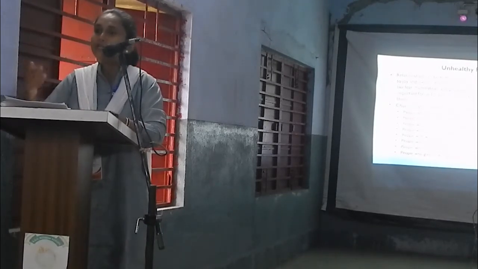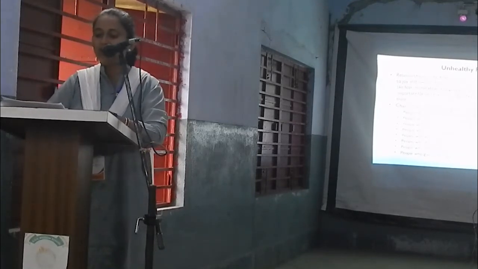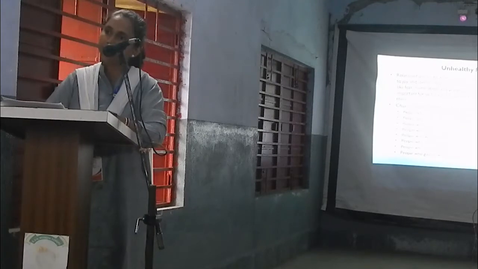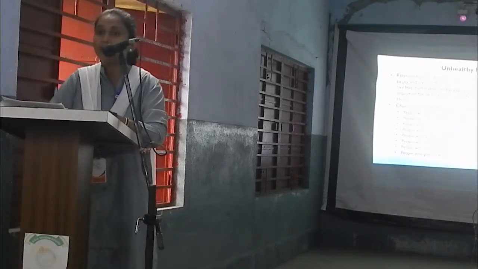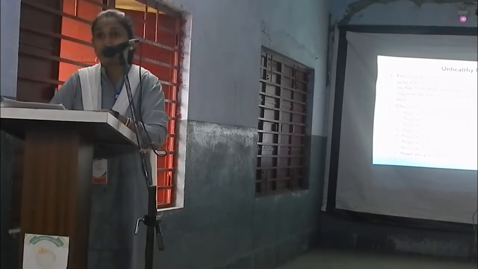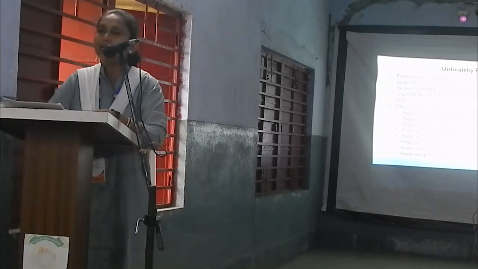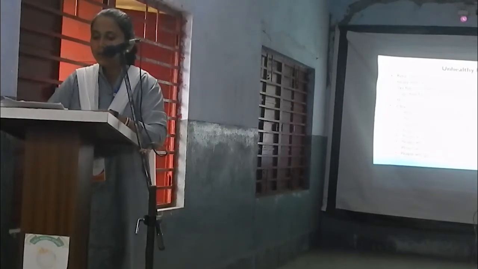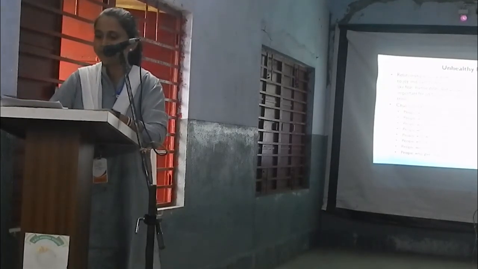What are the characteristics of unhealthy relationships? People who never help or cooperate with us. People whom we are afraid or scared of. People who try to touch us in a wrong way. People who make us uneasy in their presence. People with whom we feel unsafe or insecure.